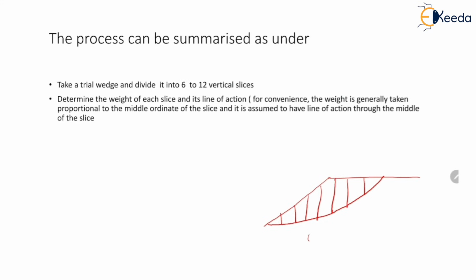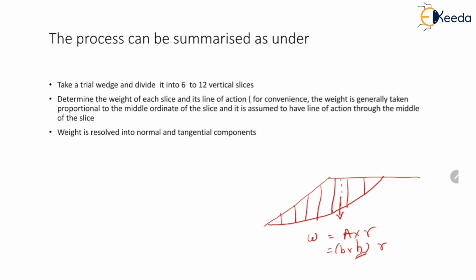Weight will be equal to area into density, and area we can write as breadth into height. For convenience, the weight is generally taken proportional to the middle ordinate, meaning this height is taken as the height of the middle ordinate of the slice, and this weight is assumed to have its line of action through the middle of the slice.